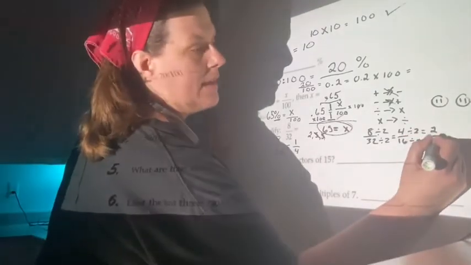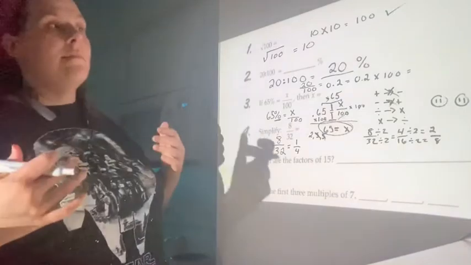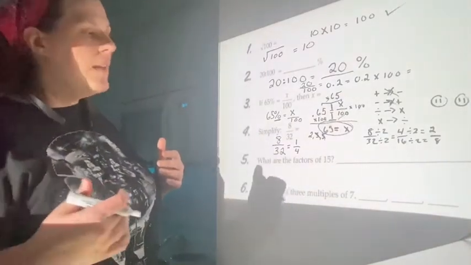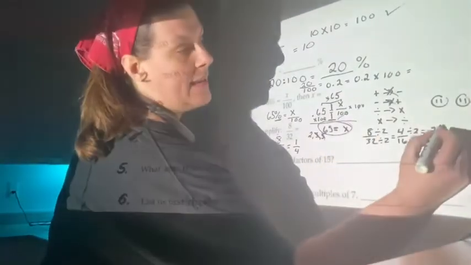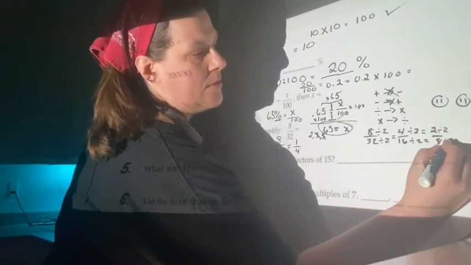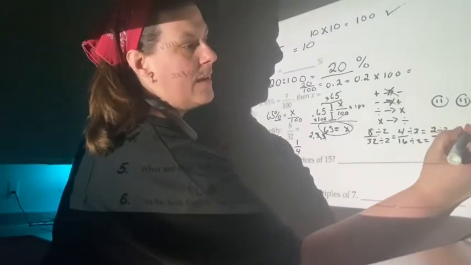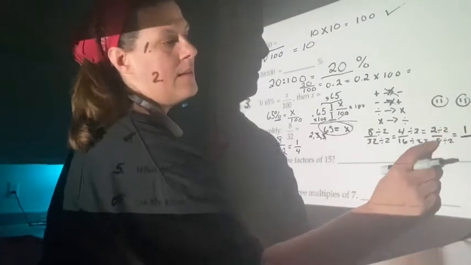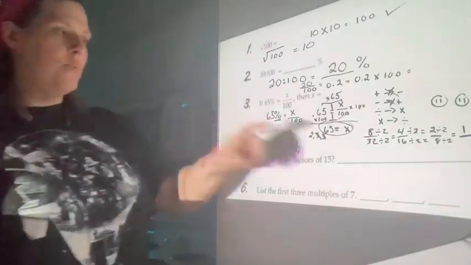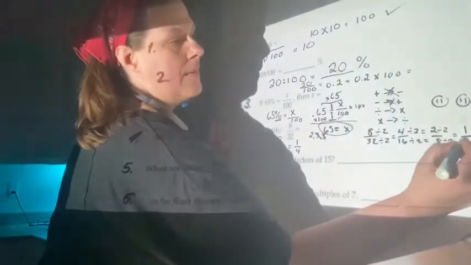So now we're down to 2/8. Can I do it again? Yes, I can do it one more time. I divide this by 2 and this by 2. At the end, 2 divided by 2 is 1, and 8 divided by 2 is 4, which we already did. So the answer was 1/4.